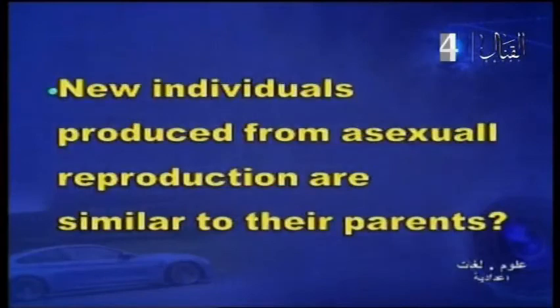New individuals produced from asexual reproduction are similar or identical to their parents. In sexual reproduction, the offspring combine traits from two parents, so it causes variation. But in asexual reproduction, the offspring contains an identical copy of their parents.